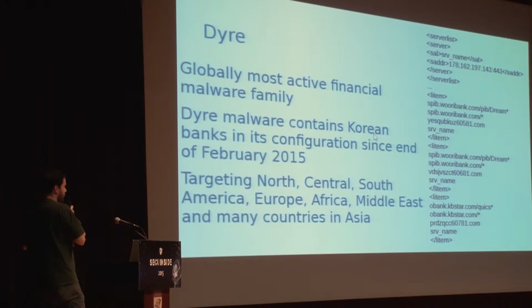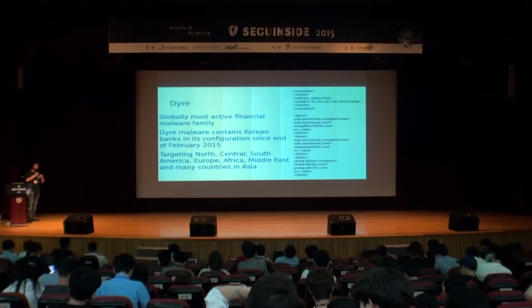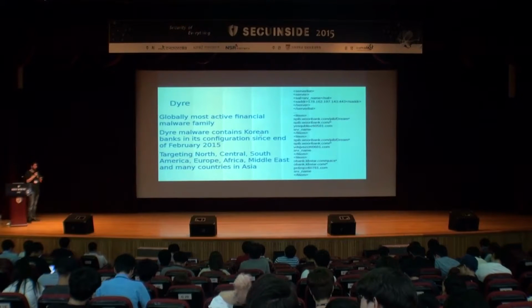Dyre is very global. It is targeting many different regions and very successfully. It's also targeting corporate banking mostly, so large transactions of hundreds of thousands of dollars up to several million dollars. And it goes to, for example, accounts in Hong Kong, accounts in Eastern Europe or the Middle East.